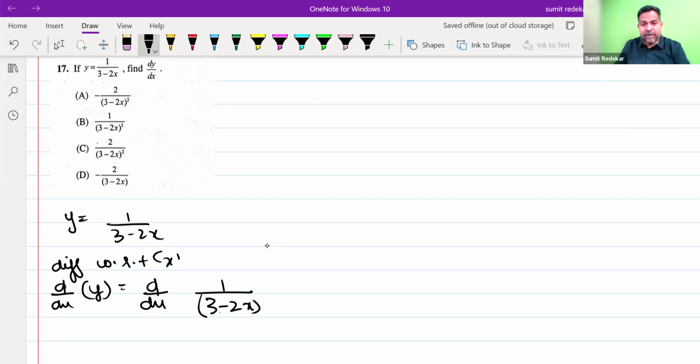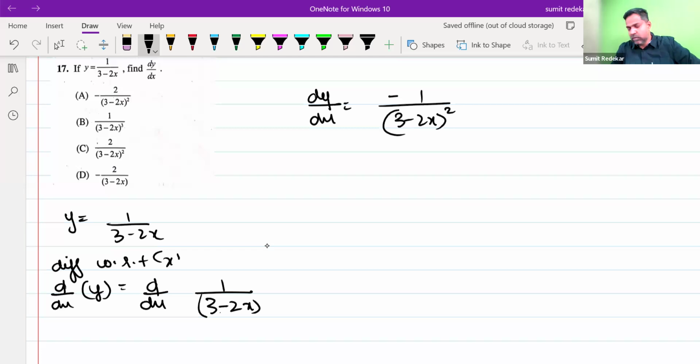In the next step, the derivative of 1 upon x is minus 1 upon x square. But one minute, is your x x? No, the x is a function in itself. Then into the derivative of whatever you assumed as x.